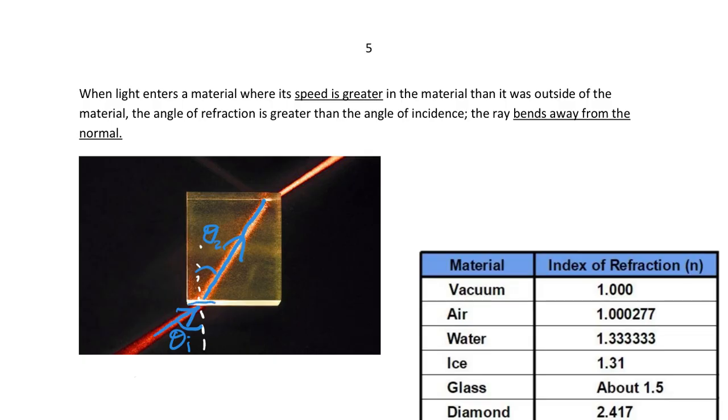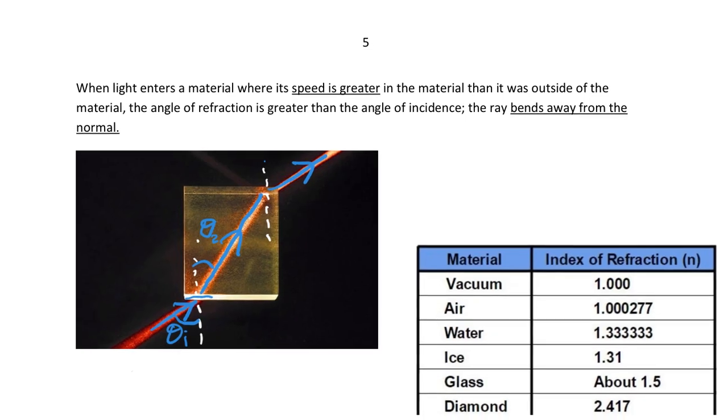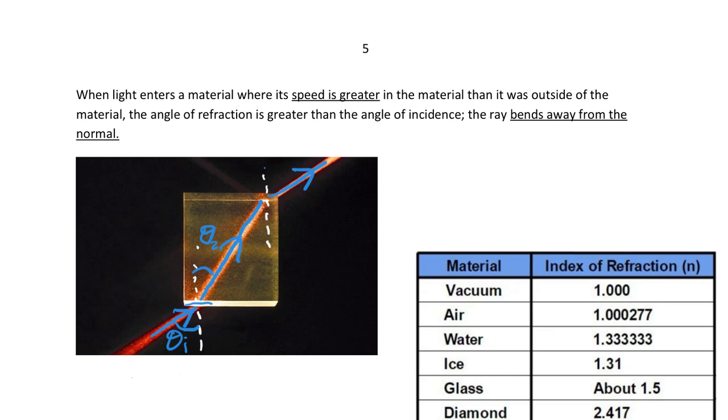Okay, now here's another point. When it goes from a medium where it's moving slower to a medium where it's moving faster, the ray bends away from the normal. So this theta 2 is really for this boundary right here.